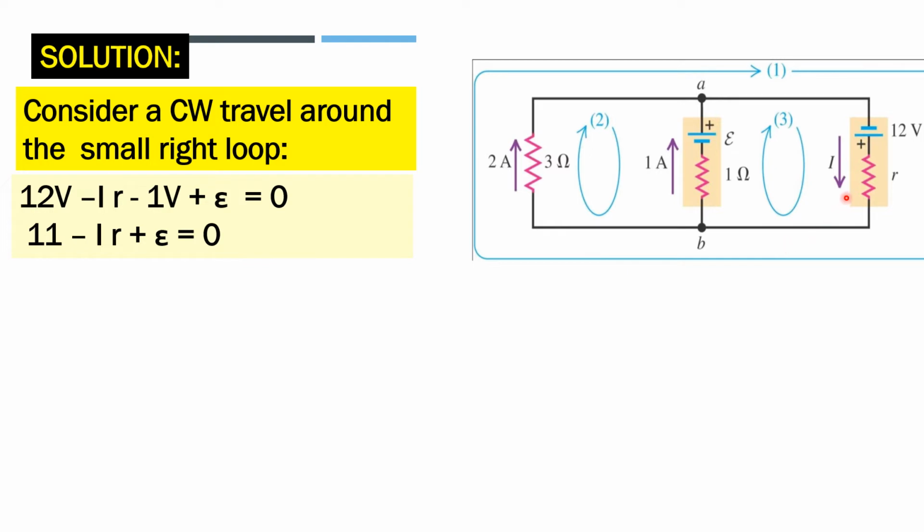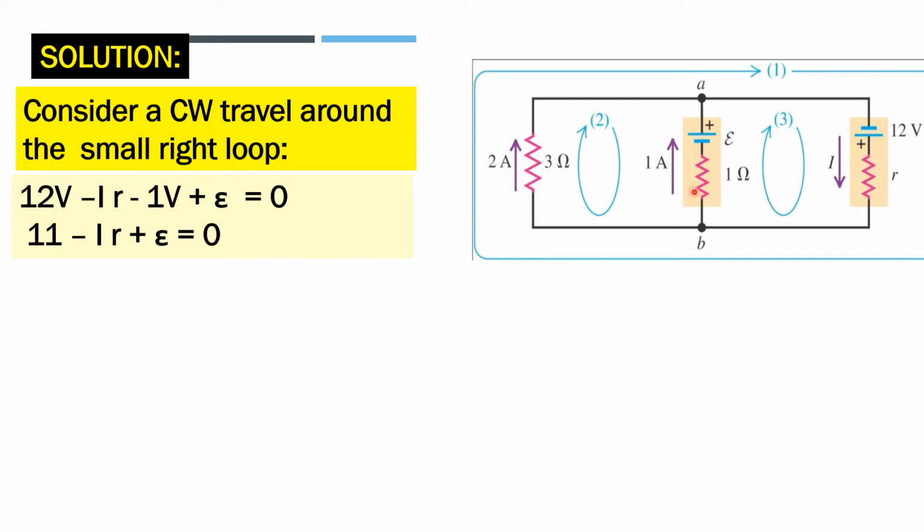Now, as you complete the whole loop, you will be passing by the next resistor, the internal resistance equal to 1 ohm of the rundown battery. And you will notice that the direction of the current that passes through this resistor is upward.